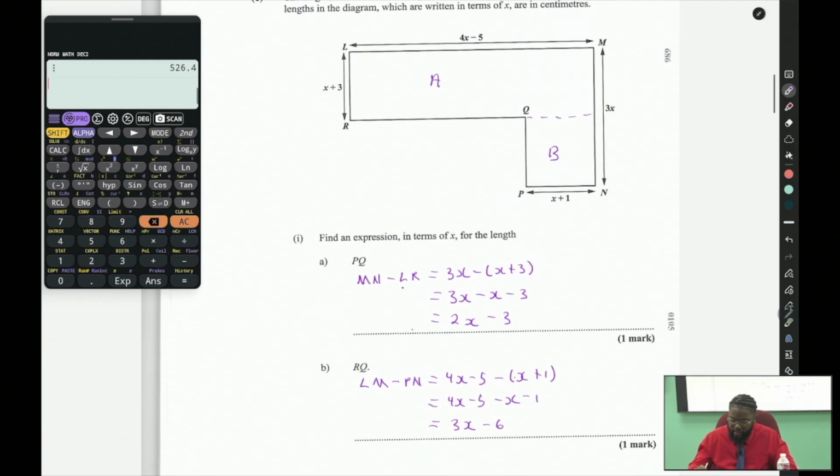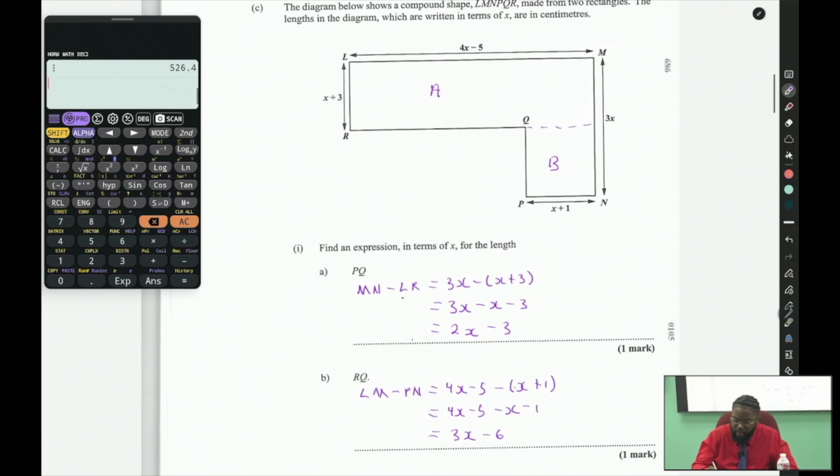And let us fill in the size that we have found, where RQ is 3x minus 6 and PQ is 2x minus 3. All right.